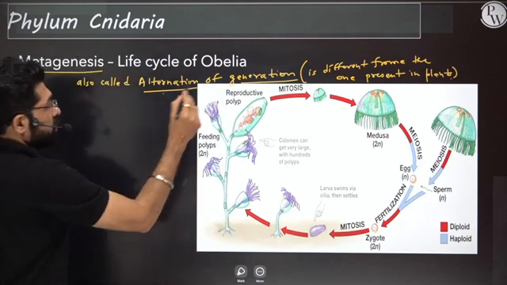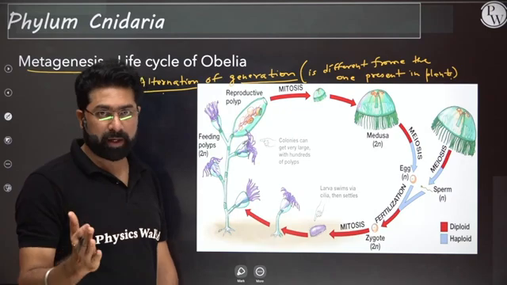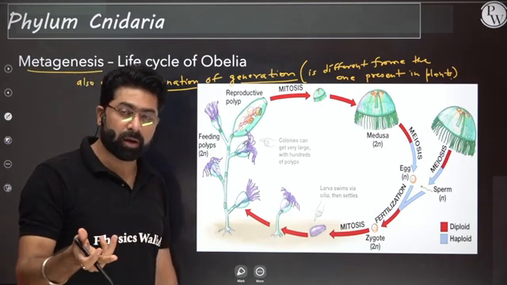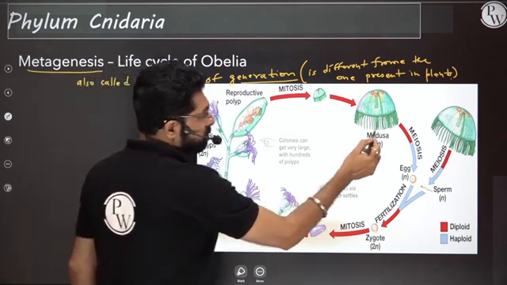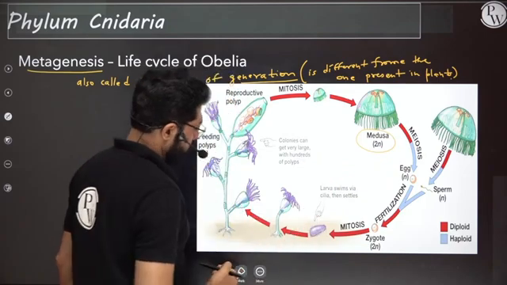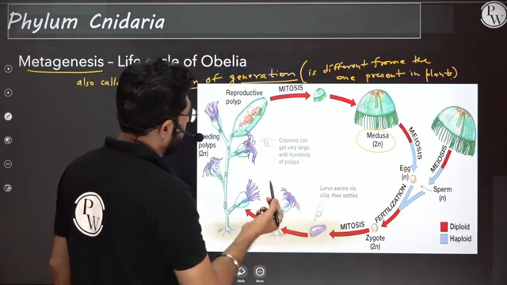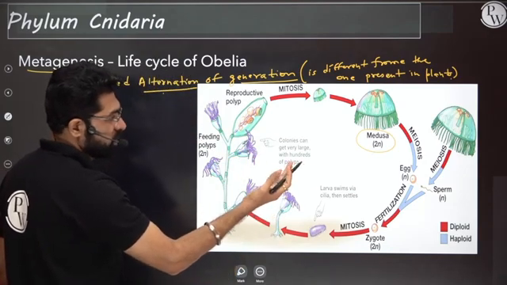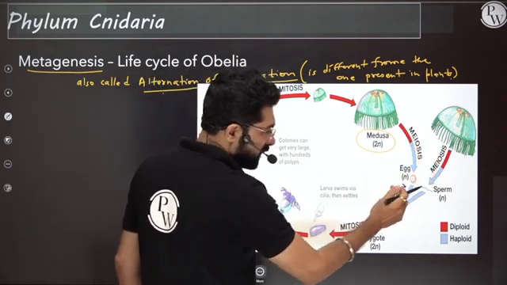In alternation of generation in plants, one phase was haploid, the other was diploid. But here there are two phases, that is polyp and medusa. Both are diploid. You can see here, the medusa is also diploid, even the polyp is also diploid. Only during the sexual phase will they produce some gametes.